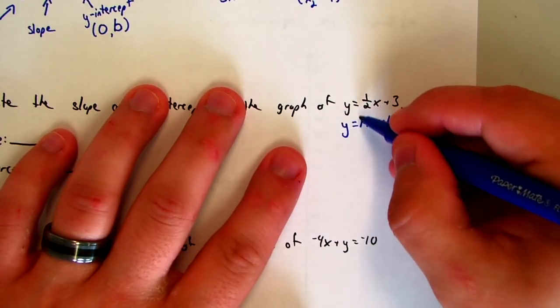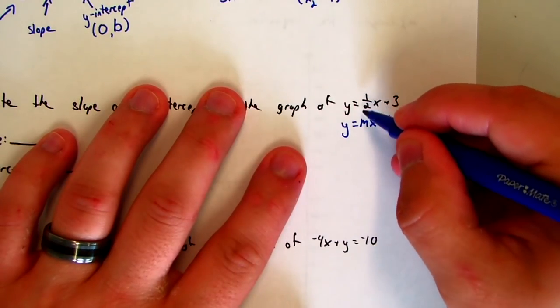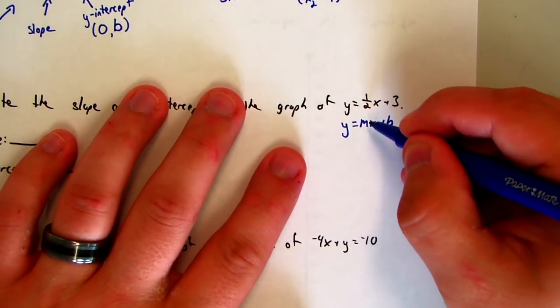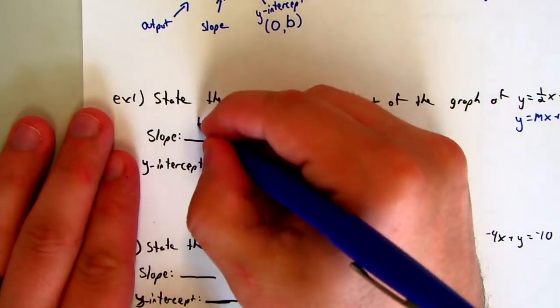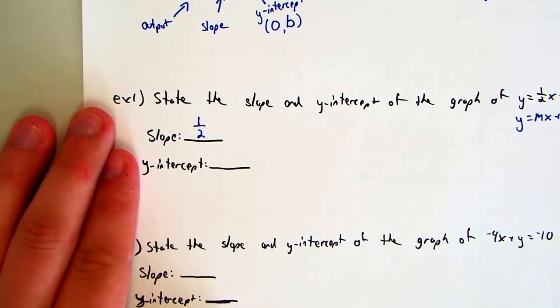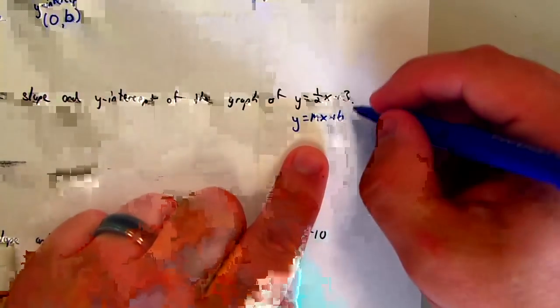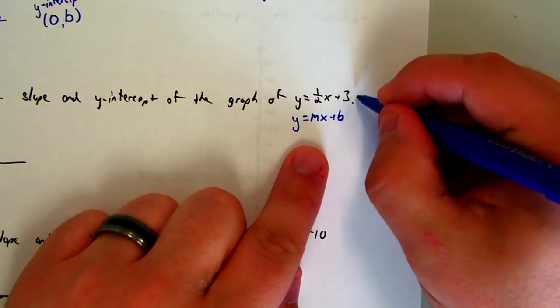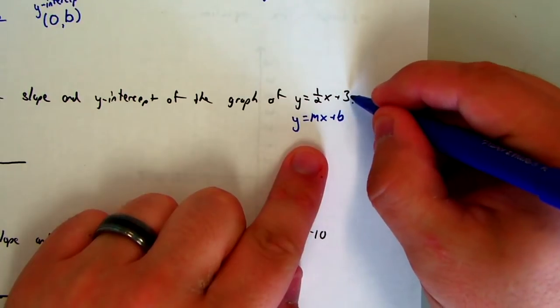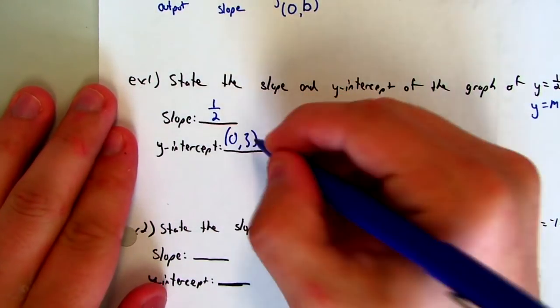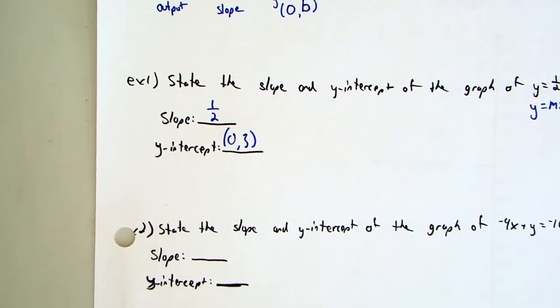So the slope is going to be 1/2, because 1/2 is in the exact same location that m is. The y-intercept is this number right here, the 3 we're adding, so our y-intercept would be at (0, 3).